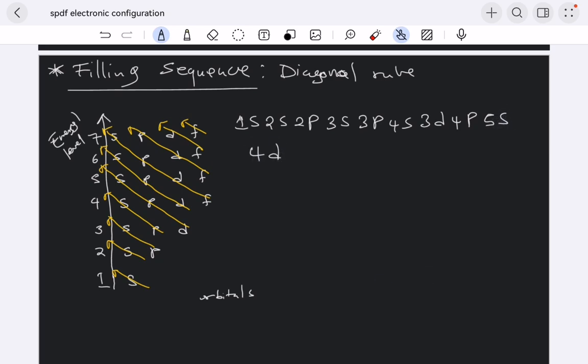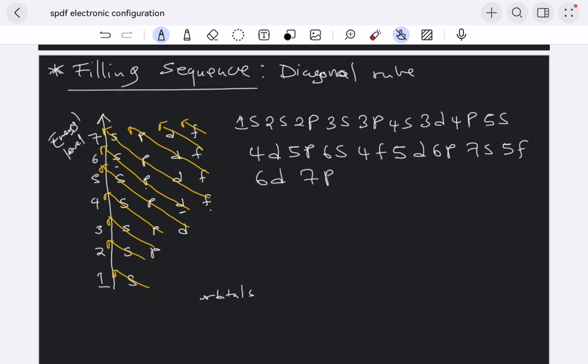I come back to 4d, then 5p, then I go to 6s, then I come back to 4f, then I go to 5d, then I go to 6p, then I go to 7s, I come back to 5f, then I go to 6d, then I go to 7p.